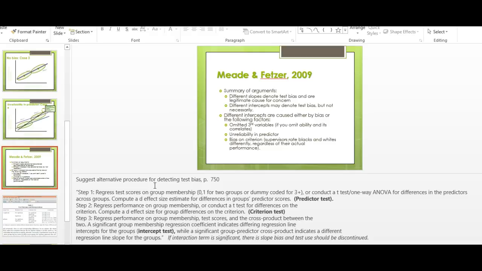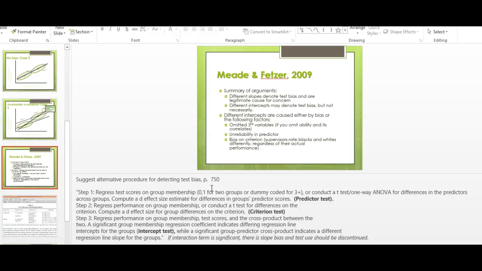But first, when we start the process, we take the group test scores, the predictor test scores, and regress them on group membership. Remember, that can be 0, 1 for two groups, if we just have two racial groups or gender, or remember, we have to dummy code for 3+ groups.